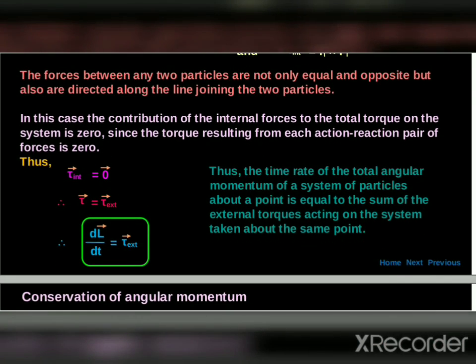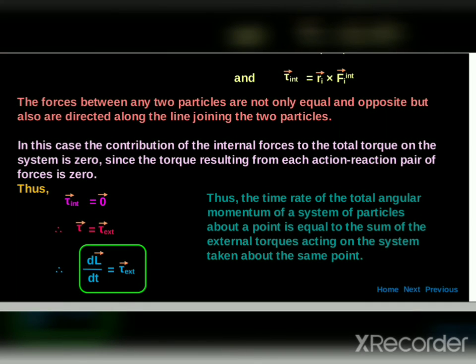Okay, the forces between two particles are not only equal and opposite, but also directed along the line joining these two particles. In this case, the contribution of the internal forces to the total torque of the system is zero. Why are we considering it zero? Because we are doing that just to make the situation easier.